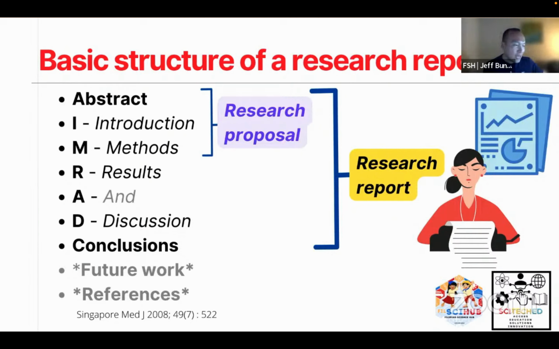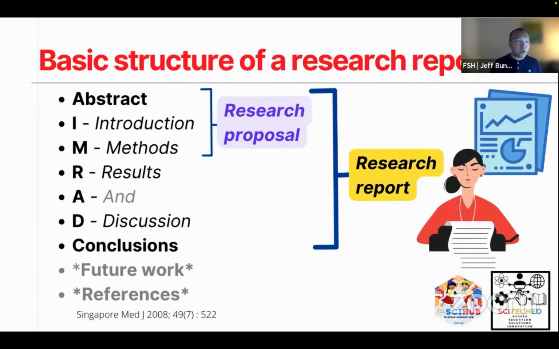And then may pinakita ako dito sa dulo. I greyed out the font na optionally, when you are writing up a research report, you may offer or recommend future work. And then I greyed out, but this is not optional, kailangan din, of course, yung references. Though hindi siya isinama dun sa IMRAD, non-negotiable, kailangan meron kayong references.